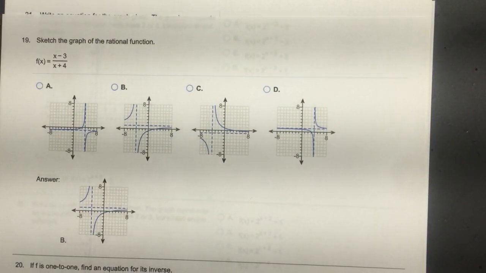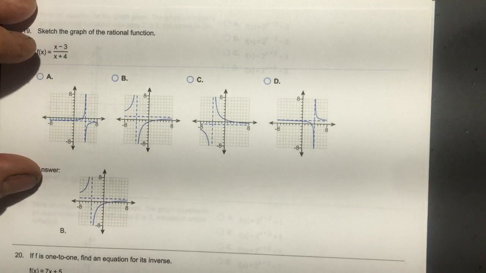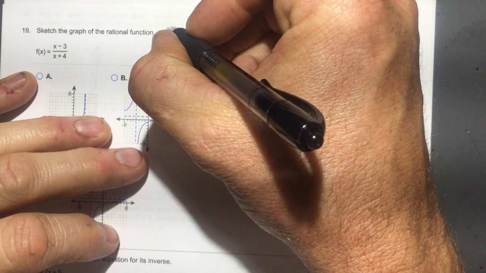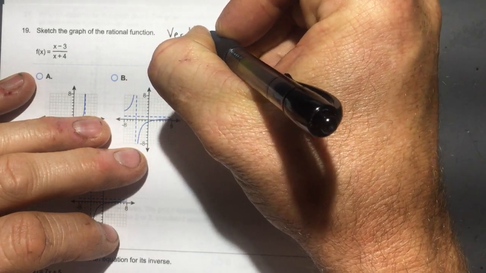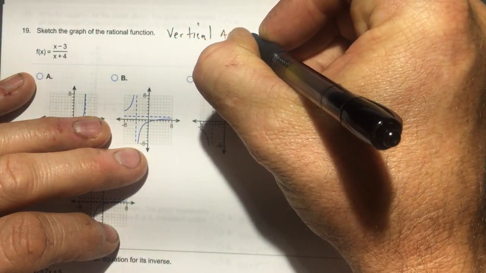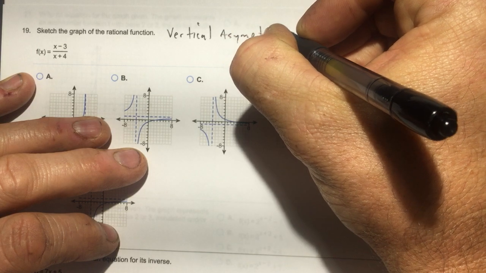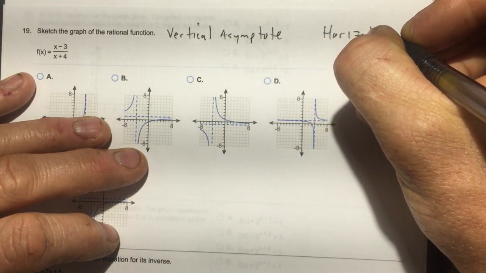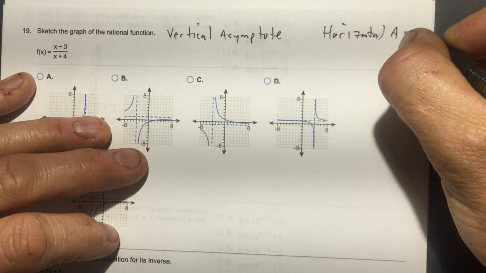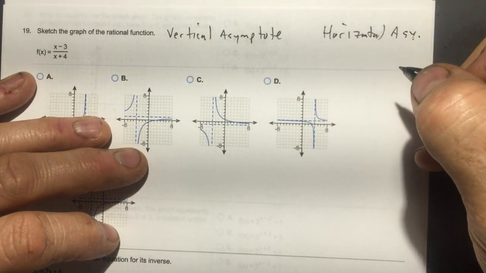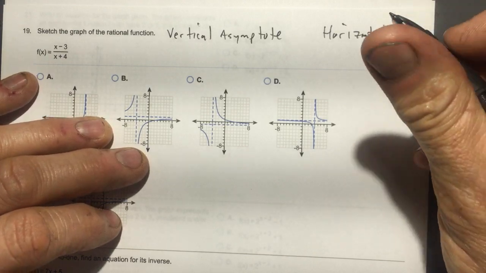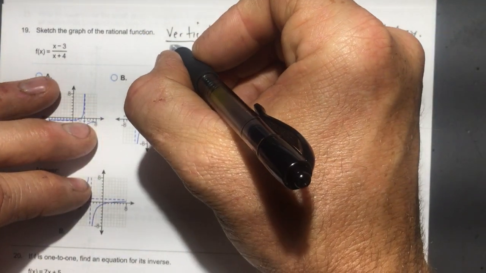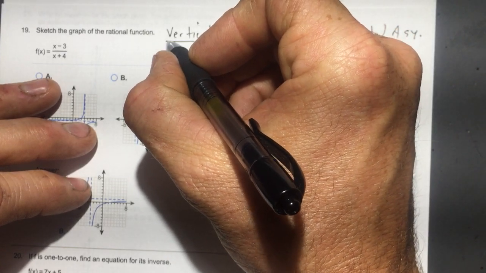Sketch this rational function. On the rational function, remember you've got a vertical asymptote and you have a horizontal one. Now the vertical asymptote, remember, it's going to give you a 0 in the denominator.